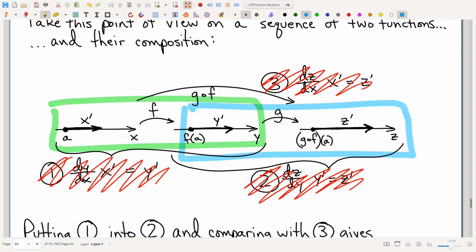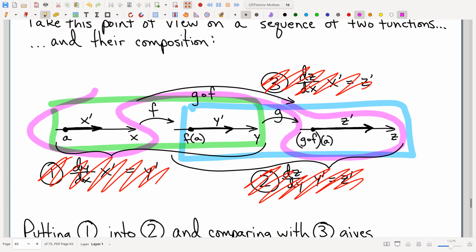And then there is a third single variable function, the composition, where z is a function of x, by way of doing f first and then g. Is that cool? Everybody remembers compositions?